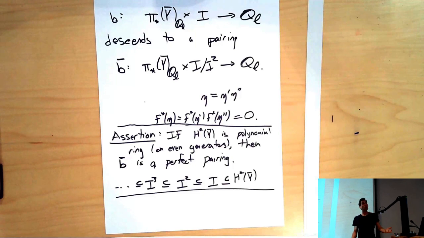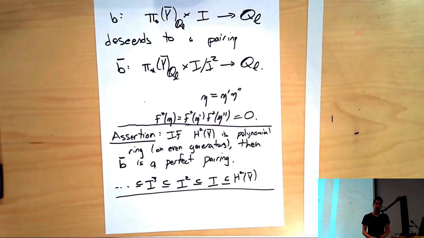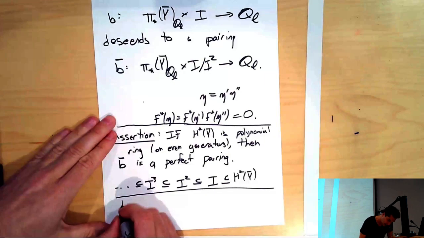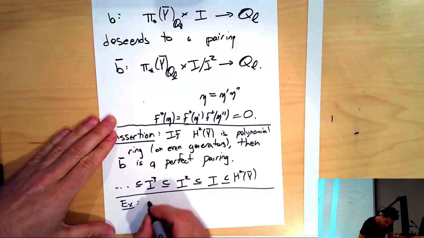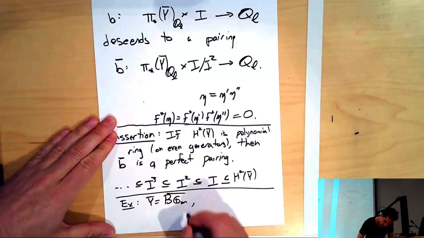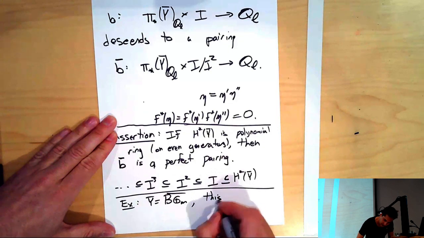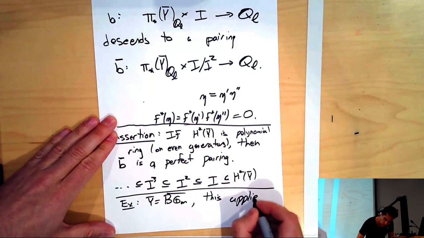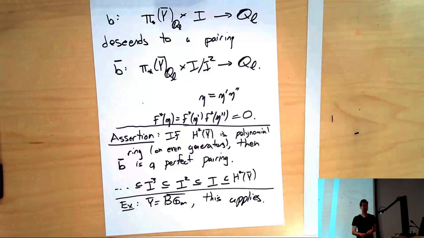But if y bar is allowed to be something like an algebraic stack, it's possible for the cohomology of y bar to behave like this. And in fact, we already saw an example. If y bar is the classifying stack of GM, then this applies. In that case, we saw that the cohomology ring was a polynomial ring on one generator in degree 2.